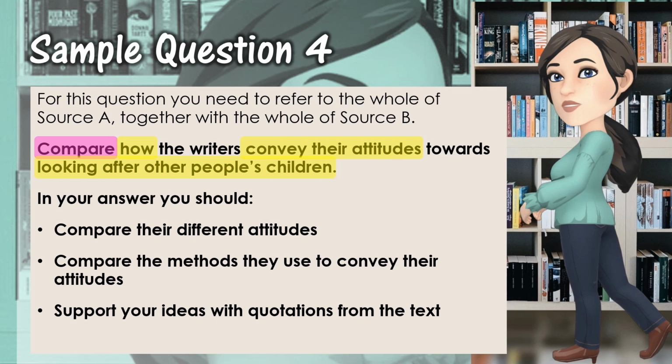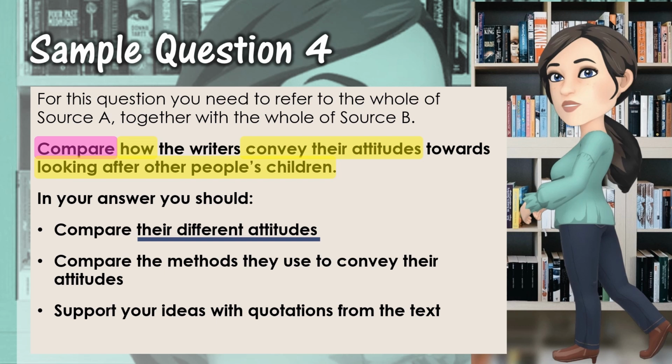So I need to compare, so I need to look at both texts. And I need to make sure I've highlighted the different attitudes that the writers have towards looking after other people's children. So I need to establish what are their attitudes and what are the differences or similarities.